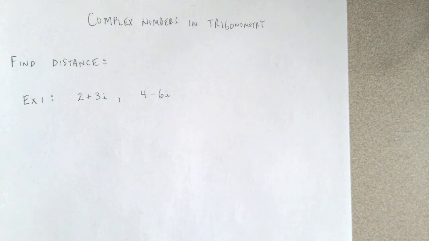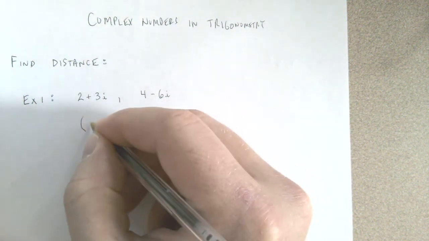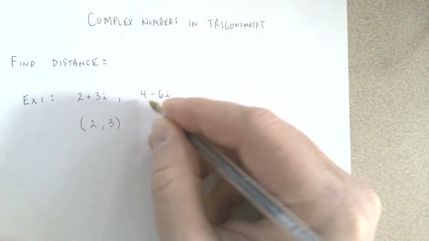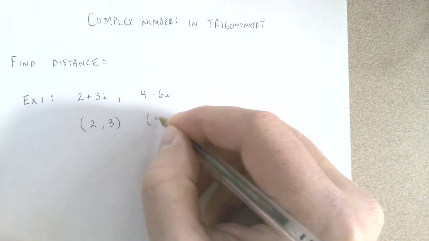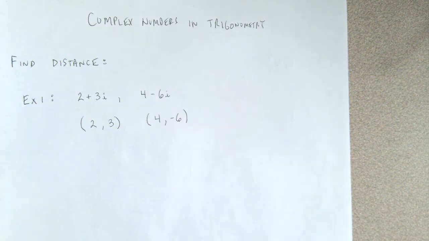So if I were to say to you, let's find the distance between these two polar coordinates or complex numbers, you think about it: 2 plus 3i, what's that coordinate? You can think of that as coordinate 2, 3, and 4 minus 6i as 4, negative 6.